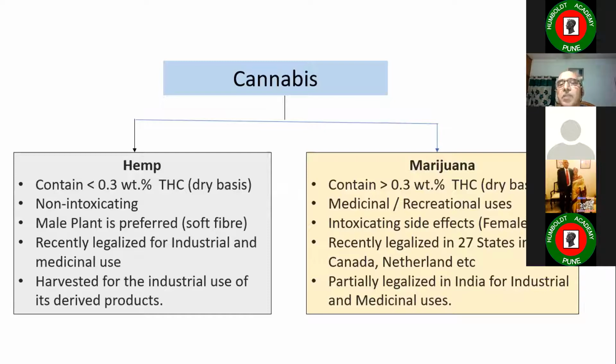Marijuana is basically a seasonal one and contains much more than 0.3%. Basically, it is around 3 to 4%, 6%, 7% in the palm, but it can also grow up to 16, 17, 18% by hybridization and many more technologies. It is intoxicating, with side effects, but we talk about the THC content, and all these drugs, ganja and all of this, come from this one.